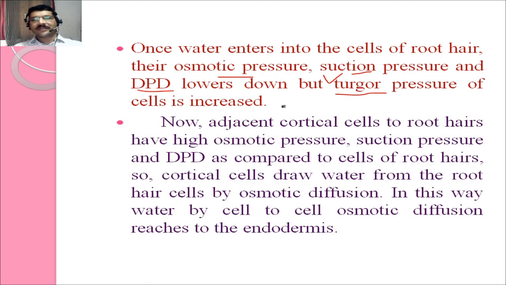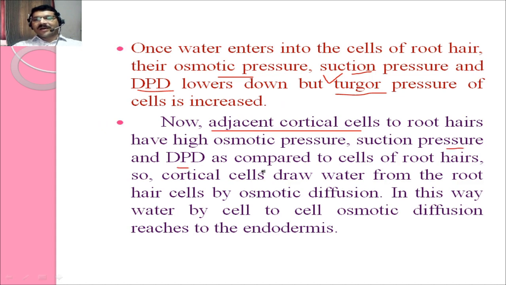Now there are some neighboring cells to the root hair cells, known as adjacent cortical cells. These cells have high osmotic pressure, high suction pressure and high DPD as compared to the root hair cells.